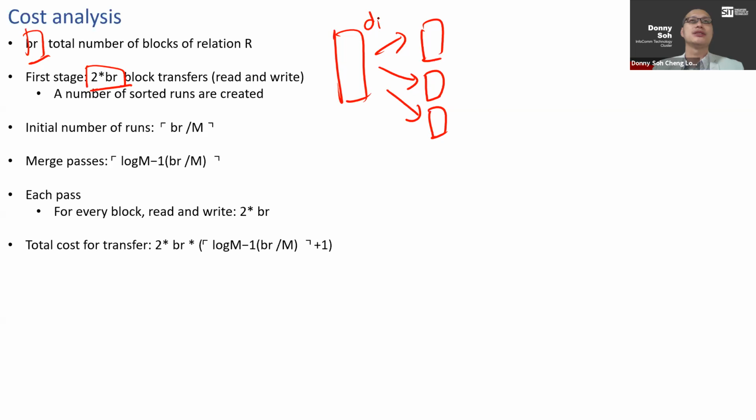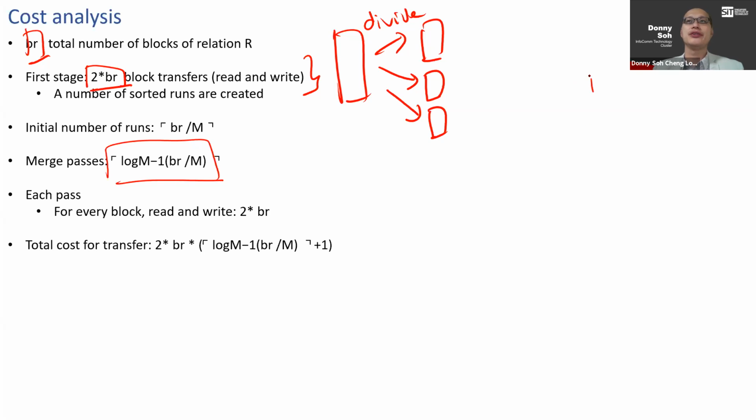This is the divide stage. The number of runs will be the ceiling of the number of blocks divided by m. This is the formula to calculate the number of runs in our initial divide stage. The number of merge passes will be log base m minus 1 of the number of runs.